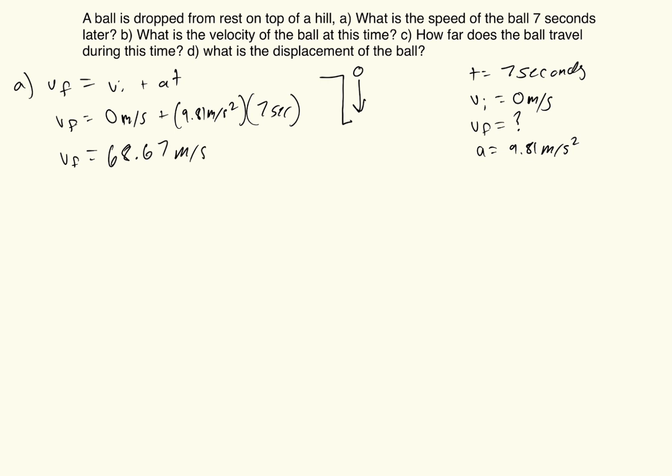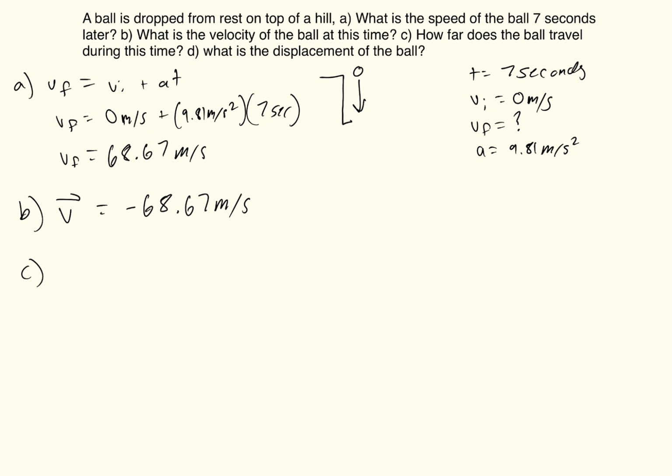That's our final speed. But if we want our velocity, which is a vector, we know that the ball is going down, and down is associated with negative. So our final velocity is equal to negative 68.67 meters per second.